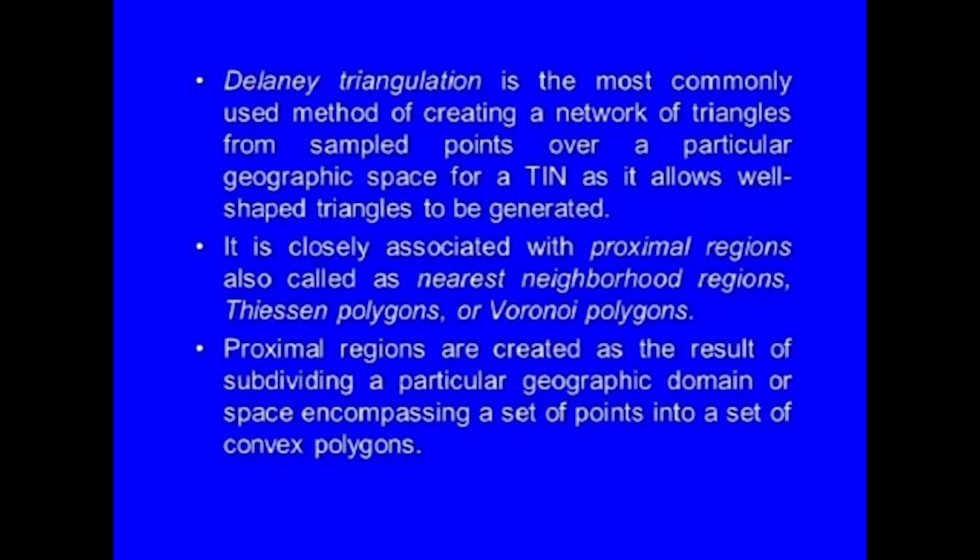Delaunay's triangulation is the most commonly used method for creating a network of triangles from sampled points over a particular geographic space for a TIN, as it allows well shaped triangles to be generated.